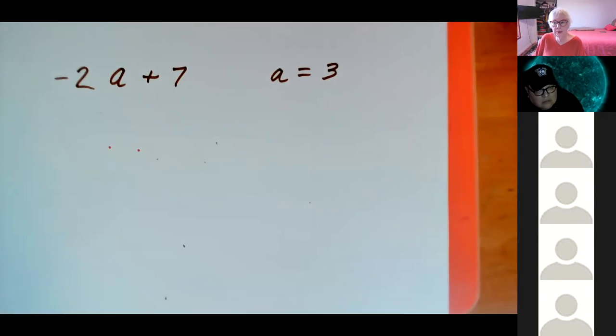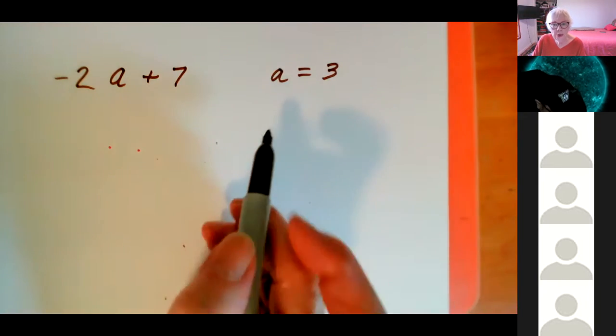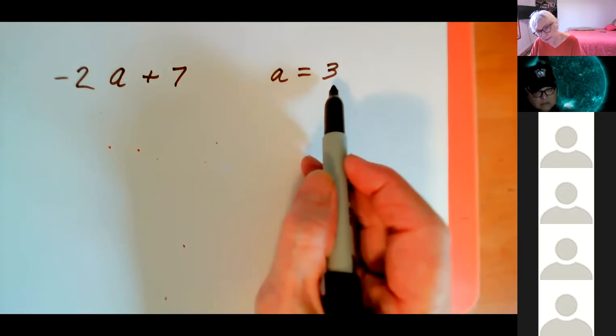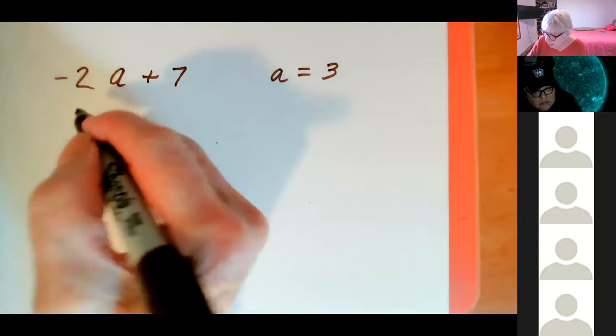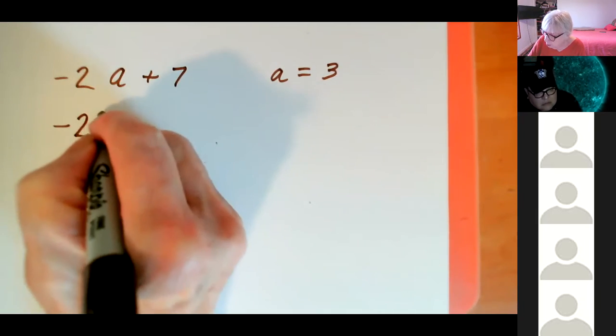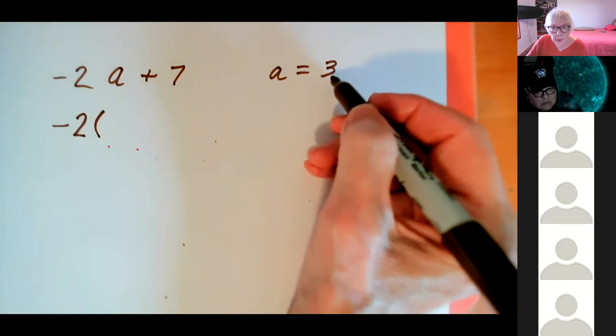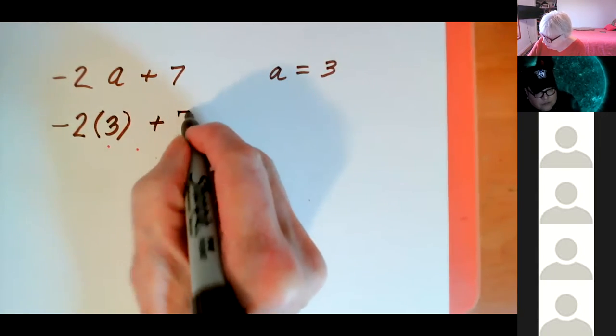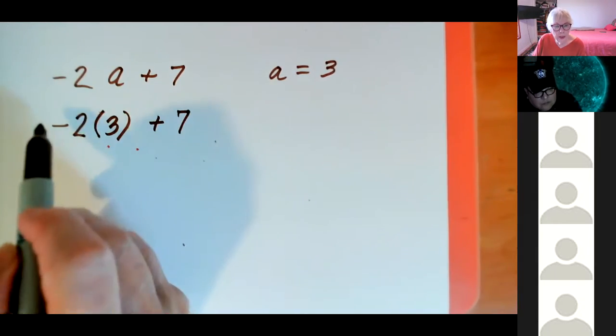Notice they like any letter in the world. So A, X, Y, nobody cares, it's a number. So are you ready? So when you see A, we're going to go to 3. -2, parentheses, its replacement, 3 plus 7. Notice this is one term.